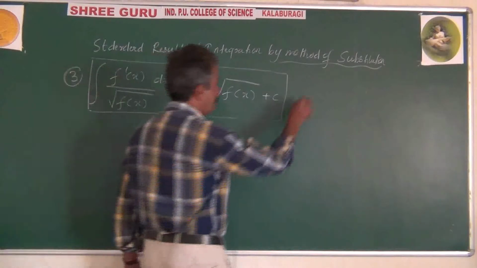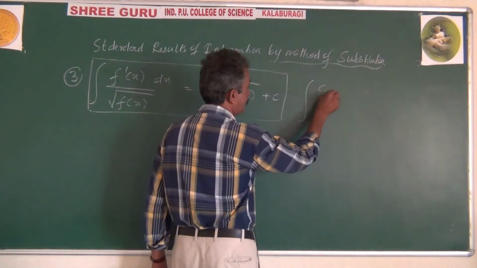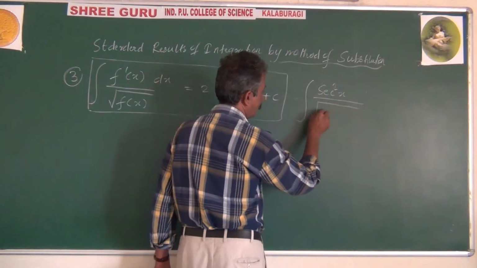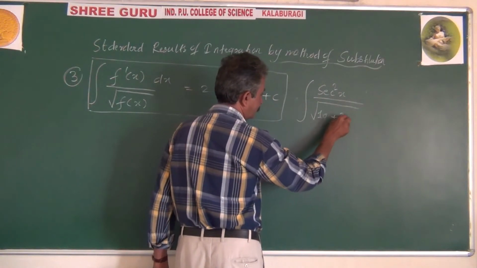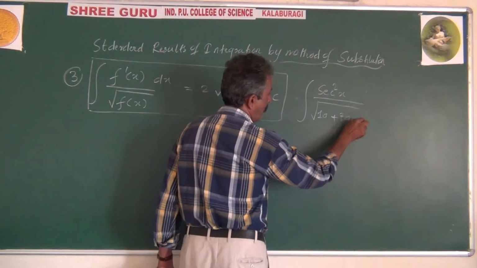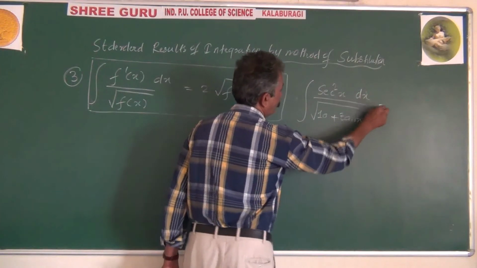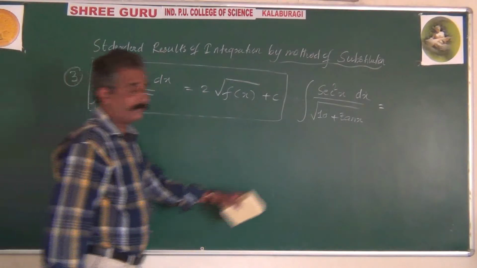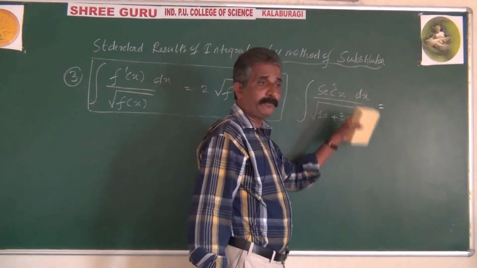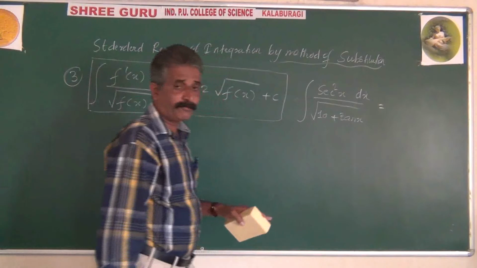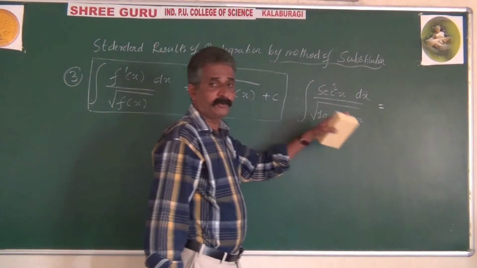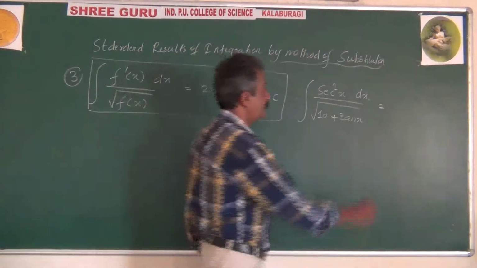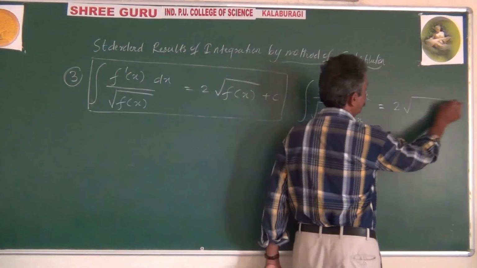For example, integration secant square x divided by square root of 10 plus tan x equals to, it is in the format f dash x by square root of f of x, because f of x is 10 plus tan x, and whose derivative will be secant square x. Answer is 2 root of 10 plus tan x.